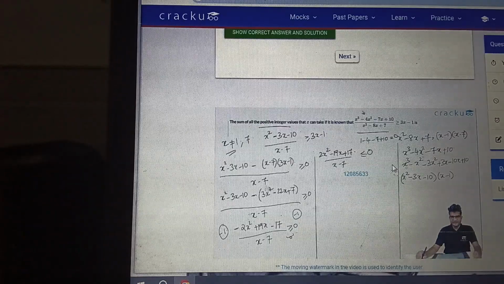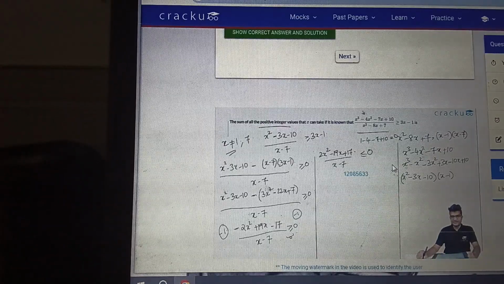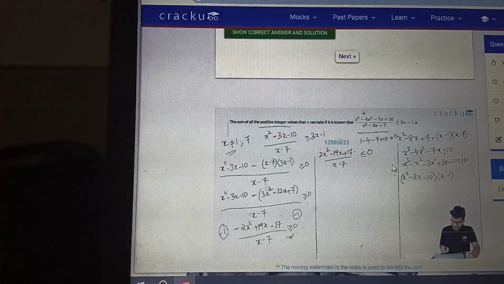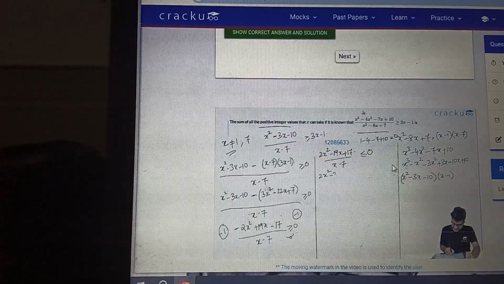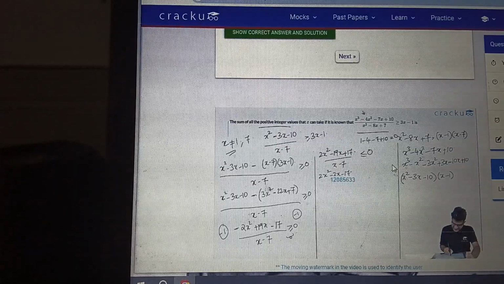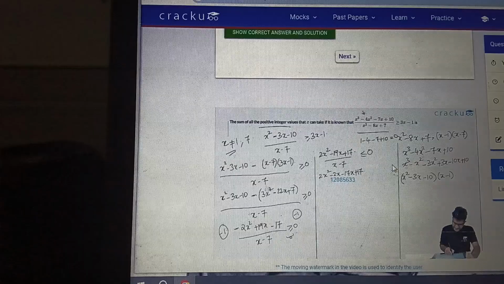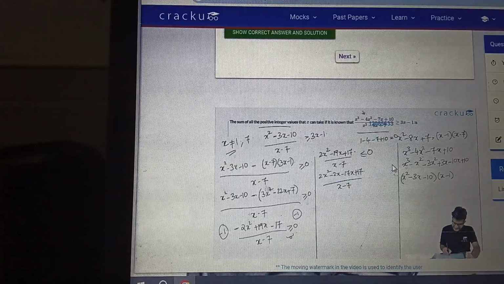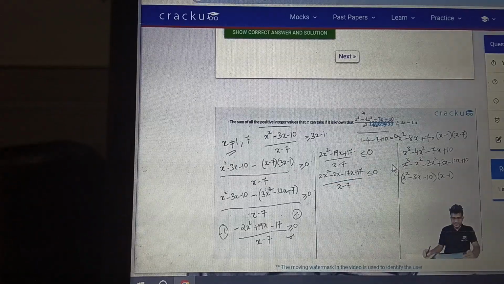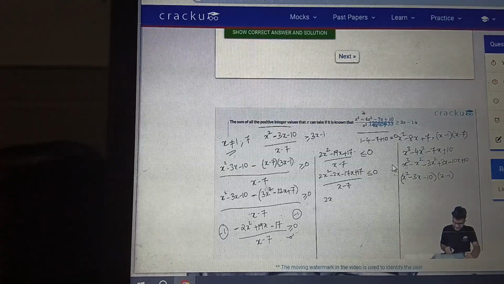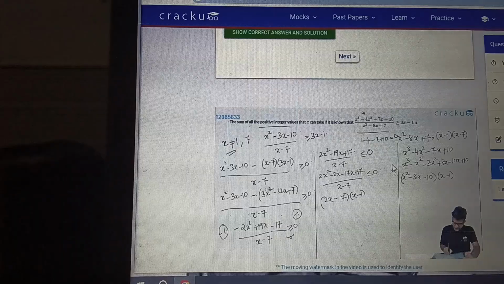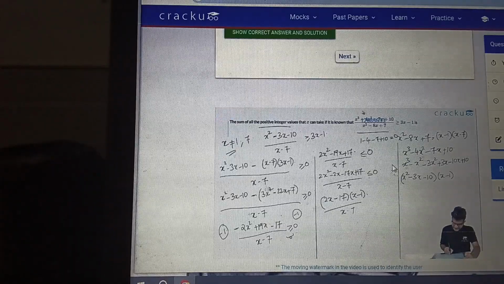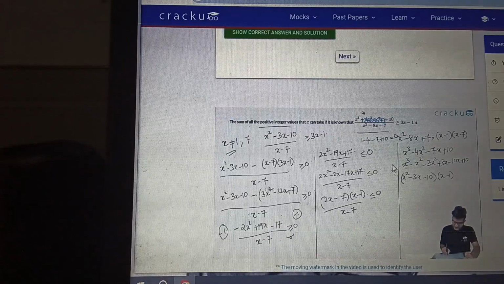Now let us factorize 2x square minus 19x plus 17. We can write this as 2x square minus 2x minus 17x plus 17. So in the numerator that is equal to (2x minus 17) into (x minus 1), divided by (x minus 7) is less than or equal to 0.